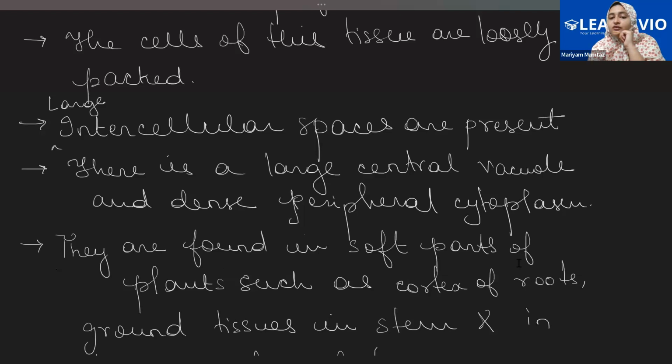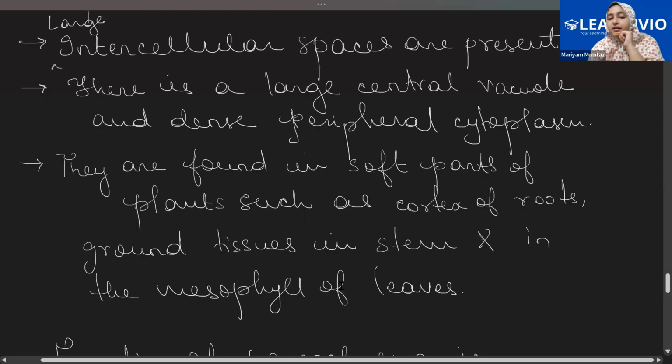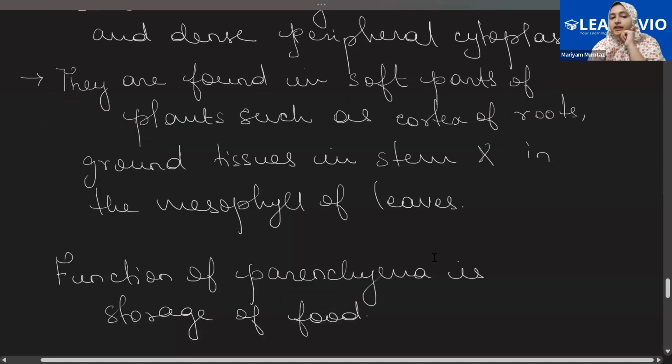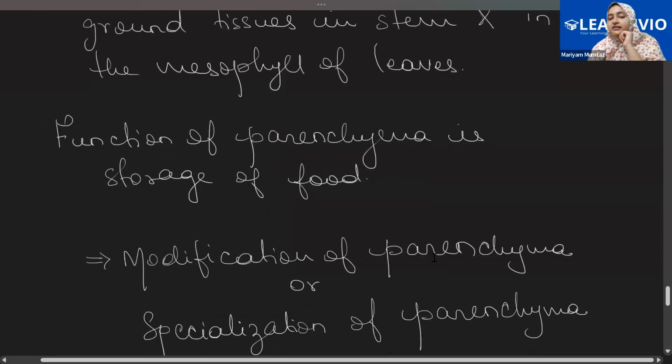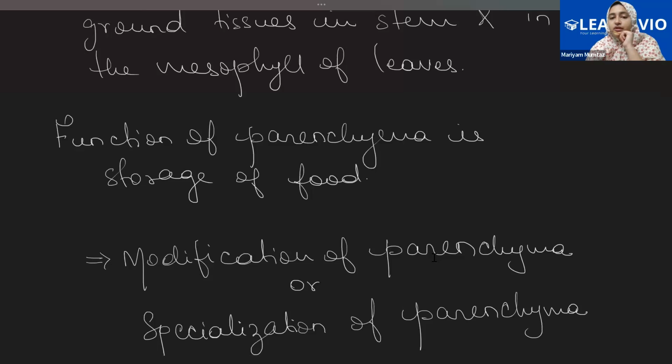Now, they are found in soft parts of the plant, such as the cortex of roots, the ground tissues in stem, and they are also found in the mesophyll of the leaves. These are the locations in the plant where they are found. The prime function of parenchyma is the storage of food. It is responsible for the storage of food in the plant.